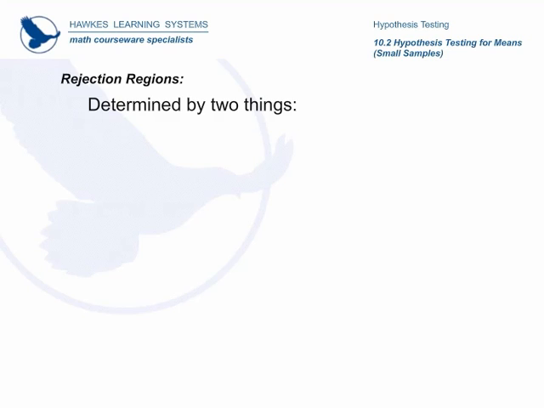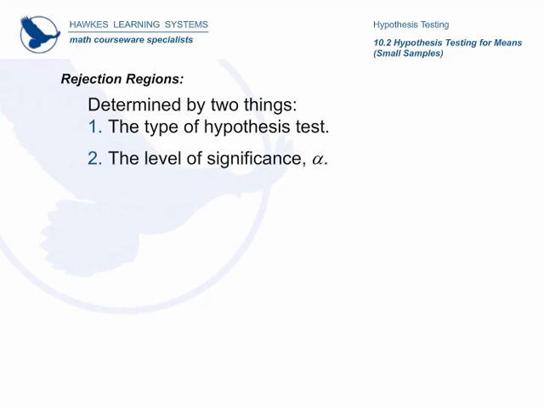So as we look at whether we're going to accept or reject, let's take a look at rejection regions. The rejection region is determined by two things. Number one, the type of hypothesis test. Number two, the level of significance, or alpha.